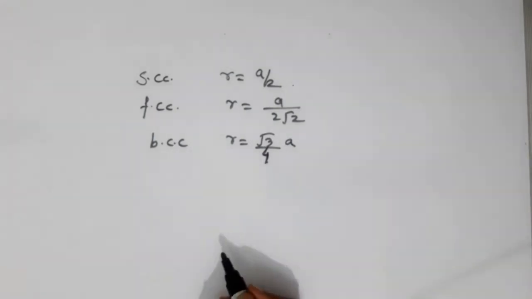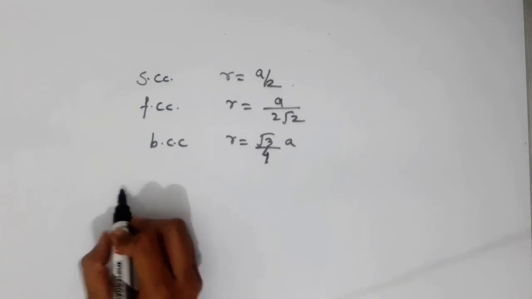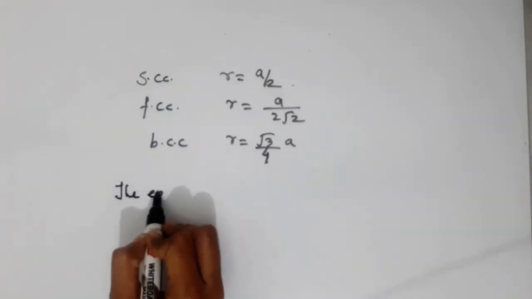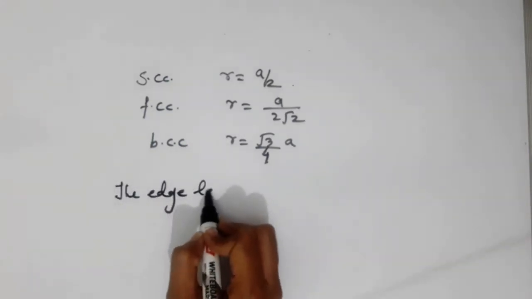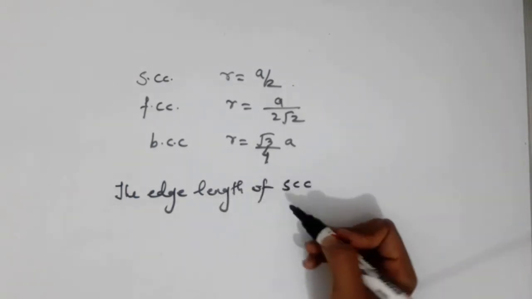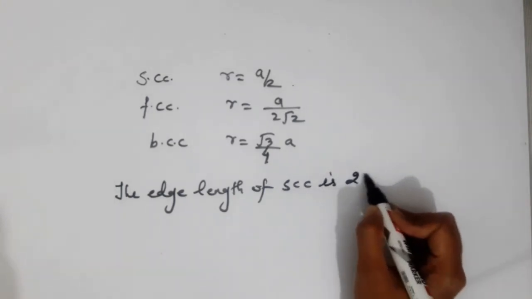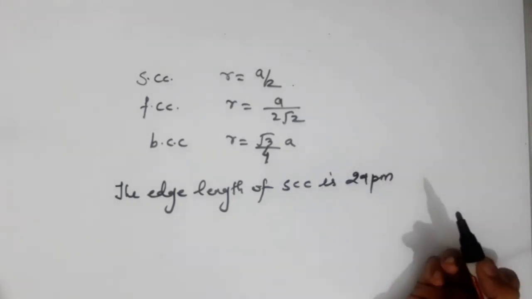Now you can be asked numericals like: the edge length of SCC, simple cubic structure, is 29 picometer.